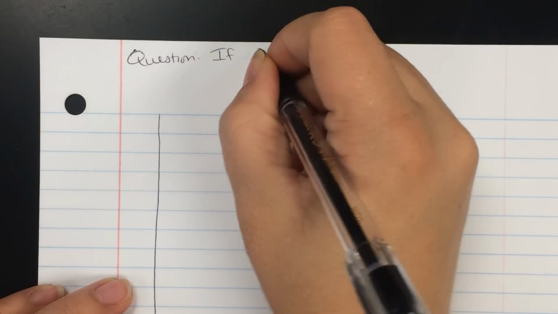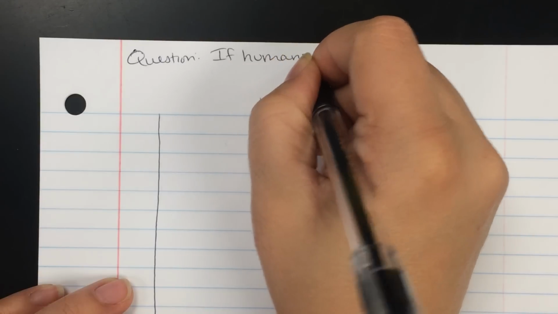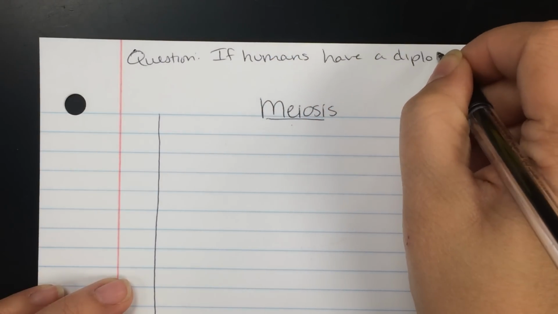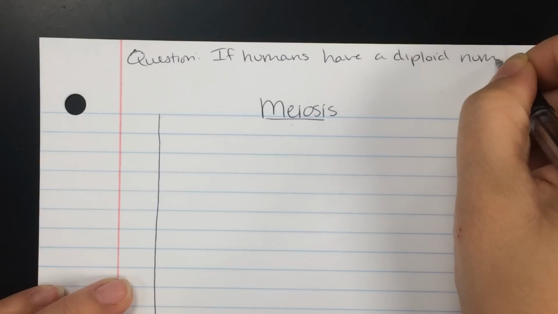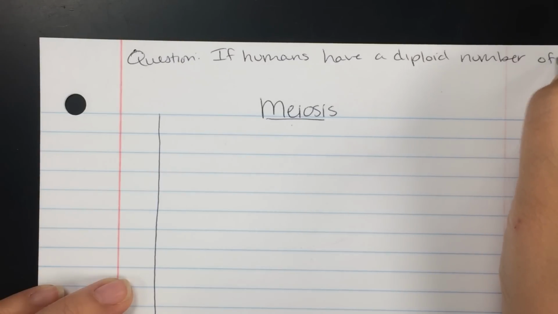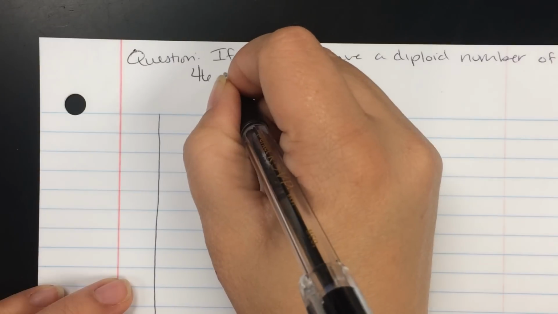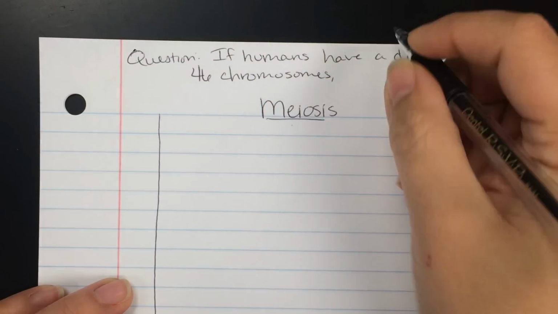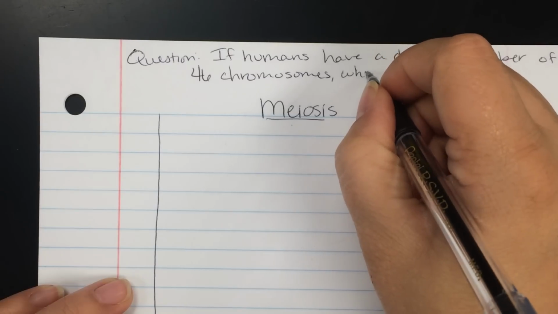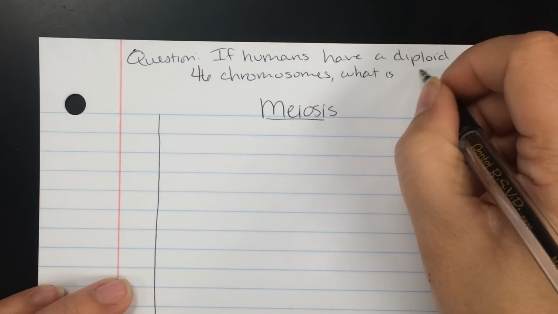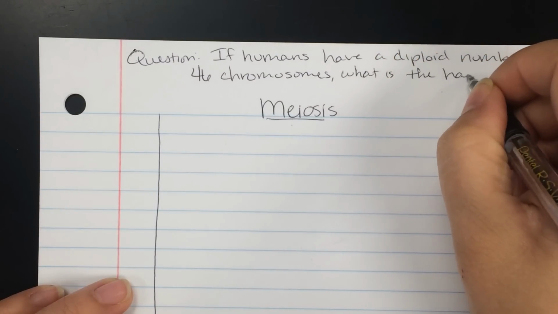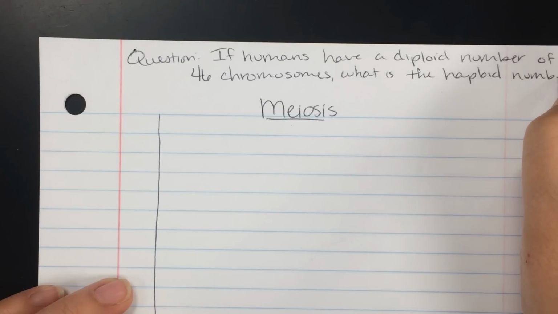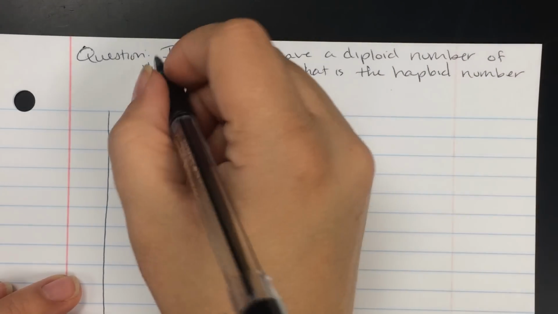So the question we're going to lead out with this one is, if humans have a diploid number of 46 chromosomes, what is the haploid number of chromosomes?